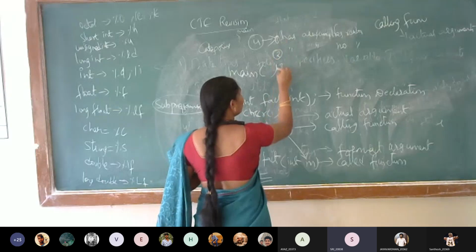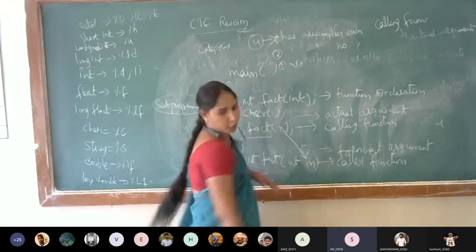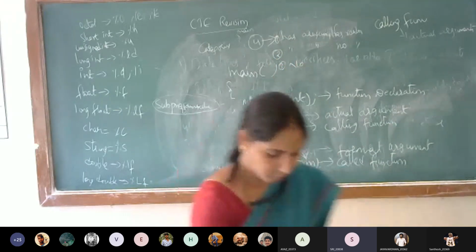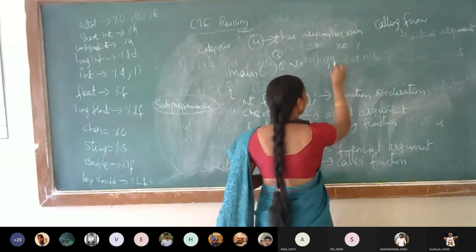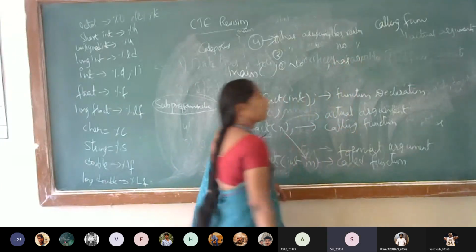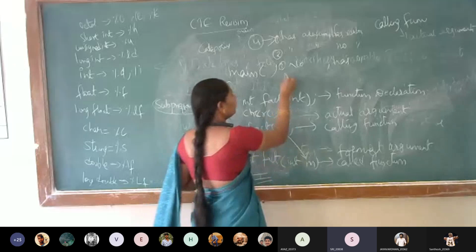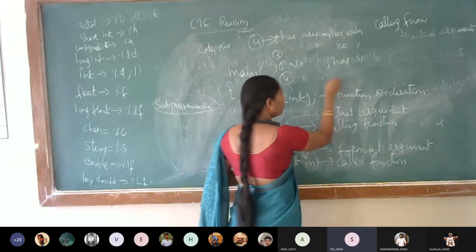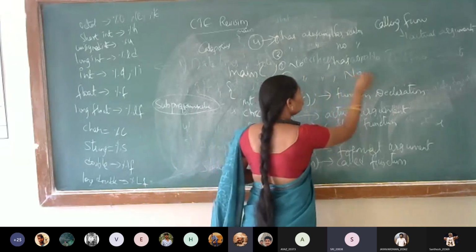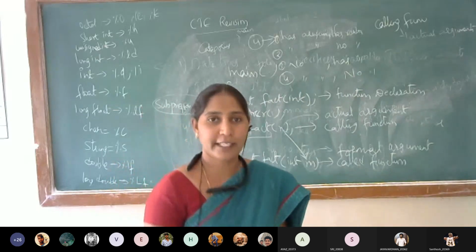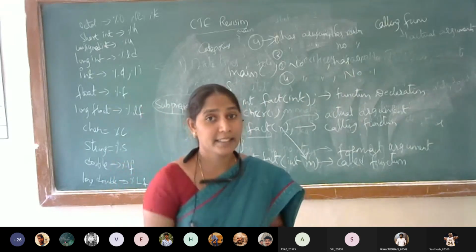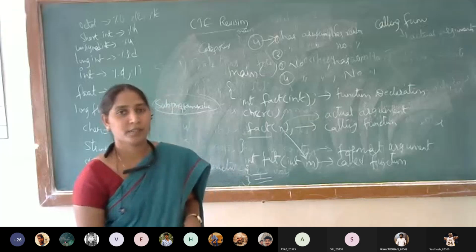Next, no argument, has return type. And the fourth one is no argument and no return type. So these are the 4 different categories of functions.